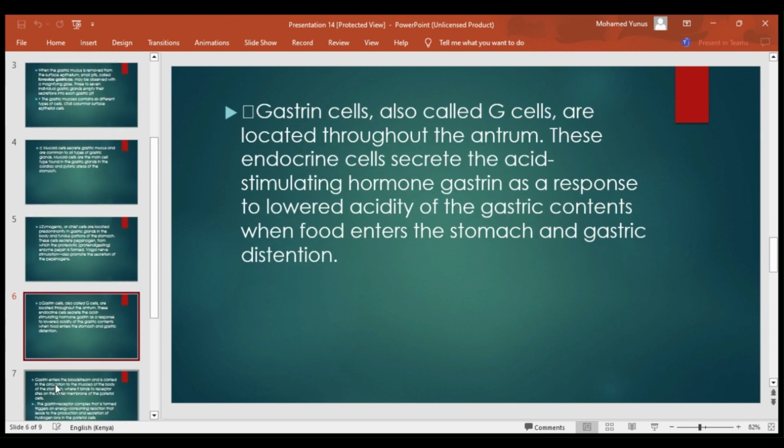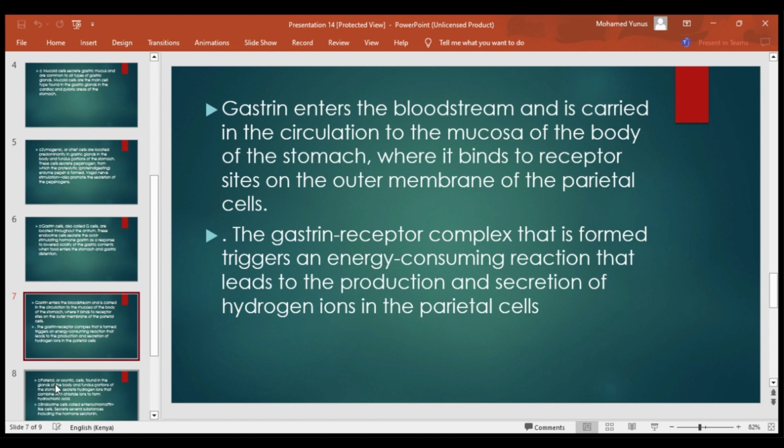We also find that we have the gastric cells, also known as the G cells, located throughout the antrum. These endocrine cells secrete the acid stimulating hormone gastrin as a response to lower acidity of the gastric content when food enters the gastric distension.